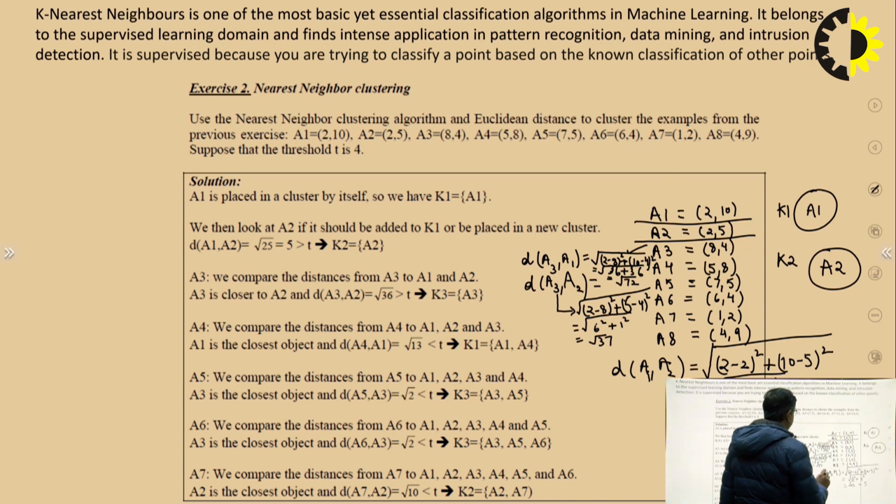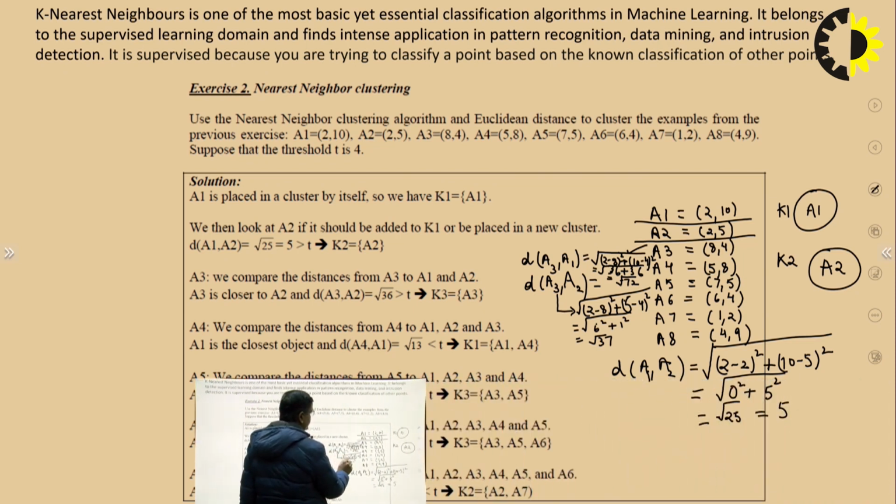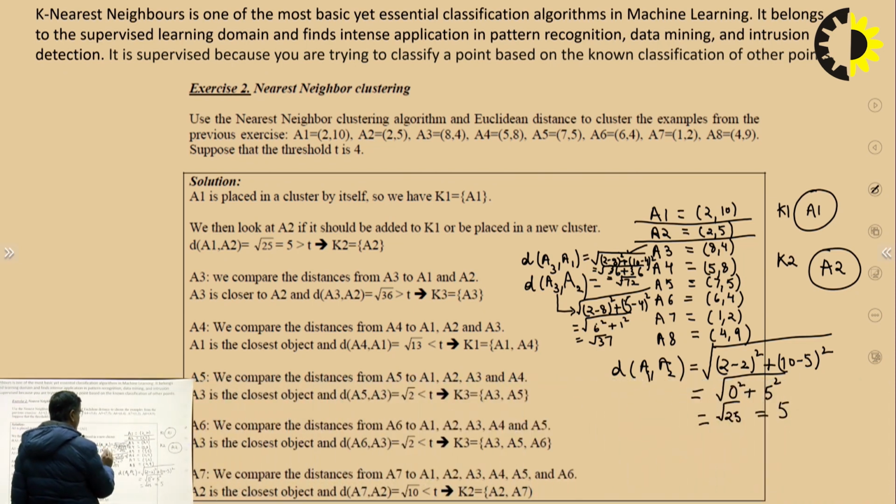So we find that point A3 is closest to A2 as compared to point A1, because the distance between A3 and A1 is square root of 72, whereas the distance between A3 and A2 is square root of 37. So A3 is closest to A2.